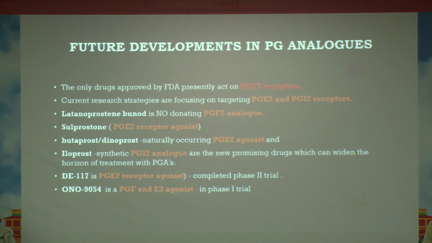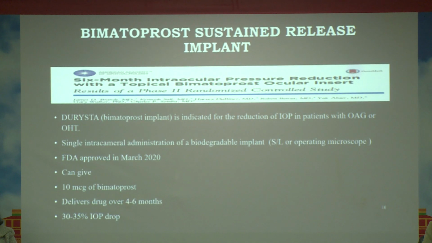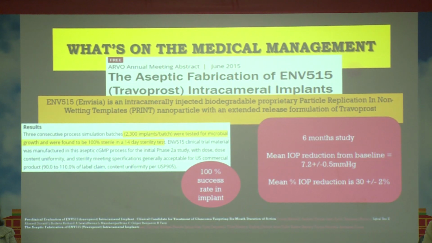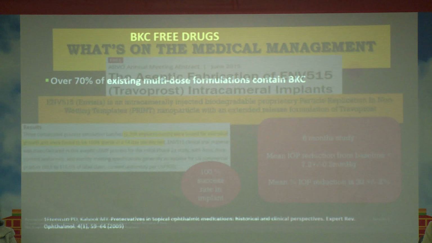Latanoprostene bunod is a PGF2 analog, sulprostone and butaprost are PGE2 agonists, and iloprost is a PGI2 analog. Then we have sustained release implants like the bimatoprost sustained release implant, which delivers drug over 4 to 6 months. There is the travoprost intracameral implant, which again is efficacious over a period of 4 to 6 months, achieving IOP reduction of 30%.